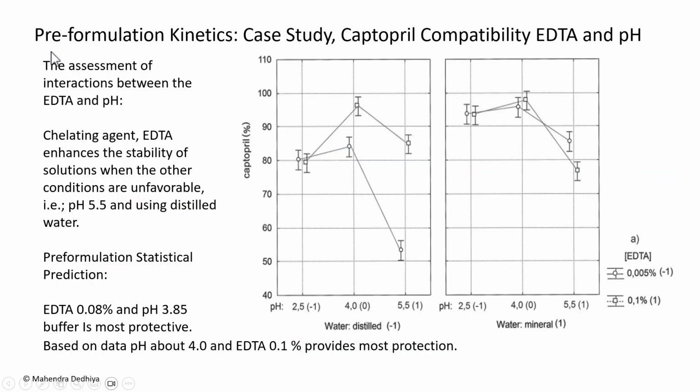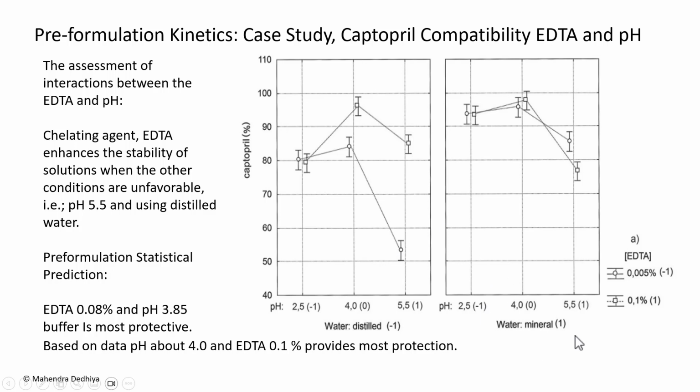Further detail to see the interaction between EDTA and pH. pH and captopril in water is analyzed using distilled water, and shows a decrease of captopril to 80% at pH 2.5 and greater at pH 5.5 with 0.005% EDTA.